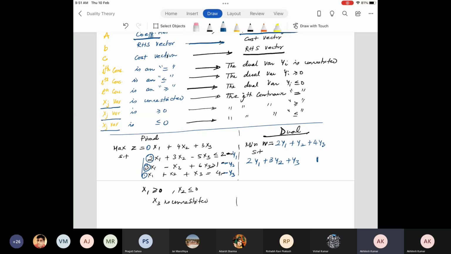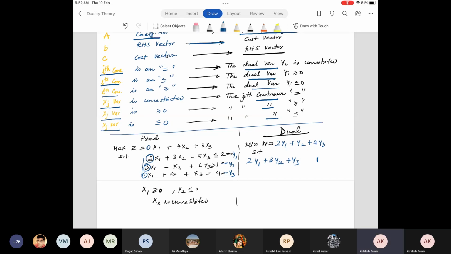The constraints for the dual are decided based on the sign of your variables. And the constraints on the primal side decide the nature of the dual variables. Is this clear, guys? Yes, sir.